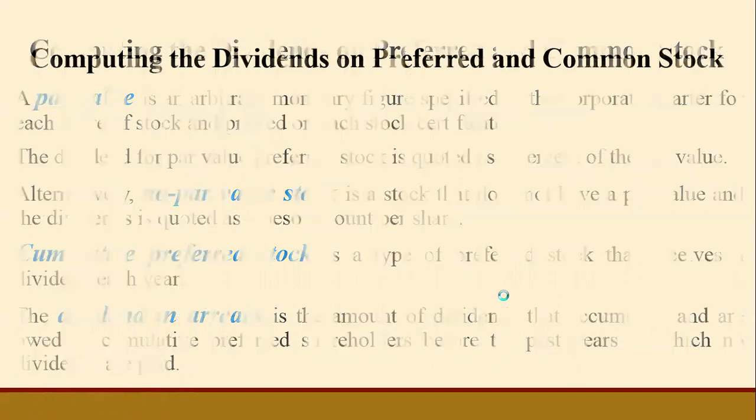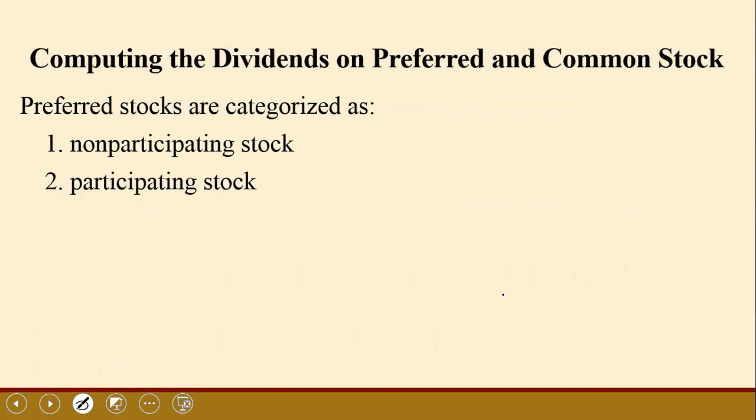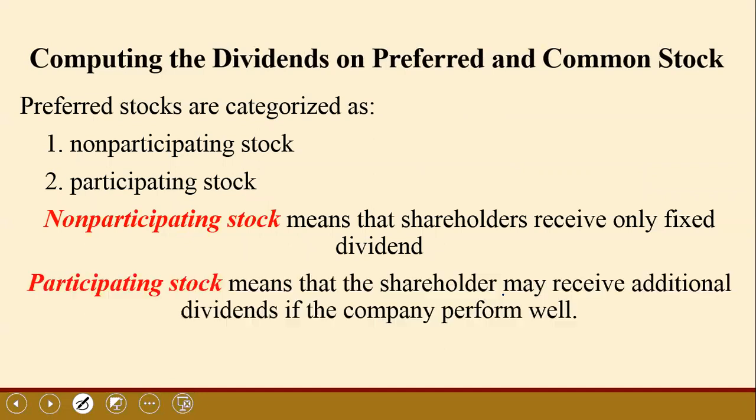So, preferred stocks are categorized as non-participating and participating stock. So, ano ba ang non-participating stock? This means that shareholders receive only fixed dividend. And for participating stock naman, shareholders may receive additional dividends if the company performs well.